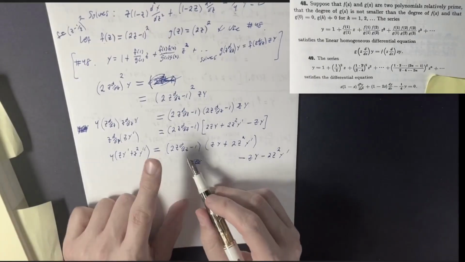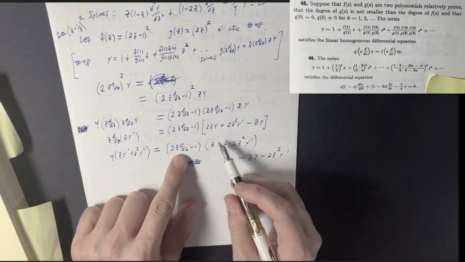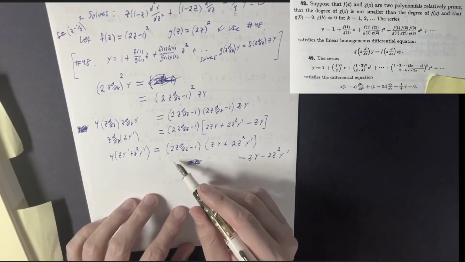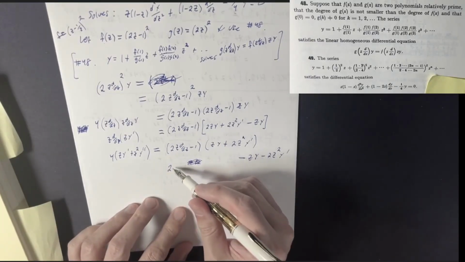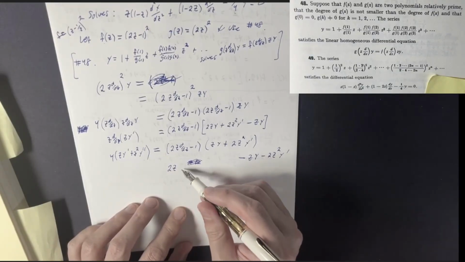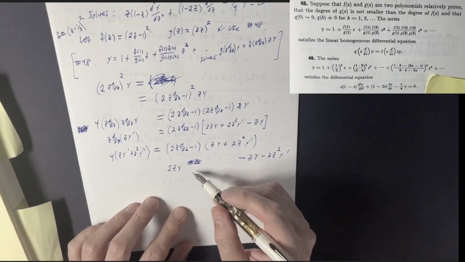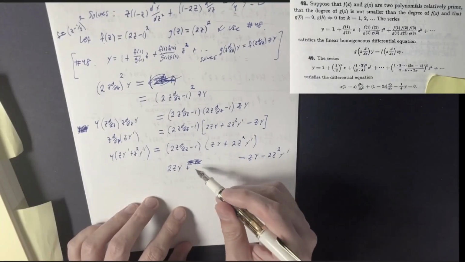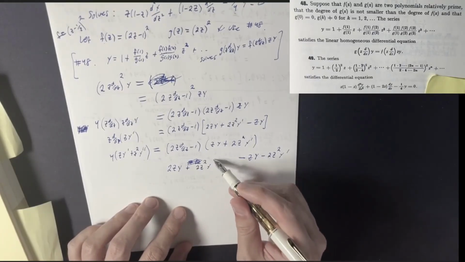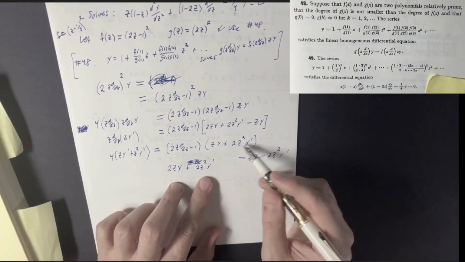But for the first one, 2z d/dz of this stuff, you get 2z times the derivative. So you're getting 2z times y, that's the derivative of the first times the second, plus the first times the derivative of the second. And then I almost missed this guy.